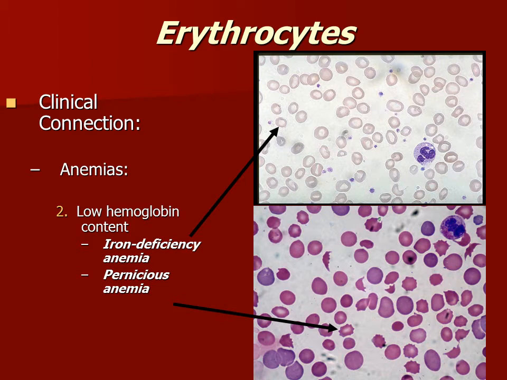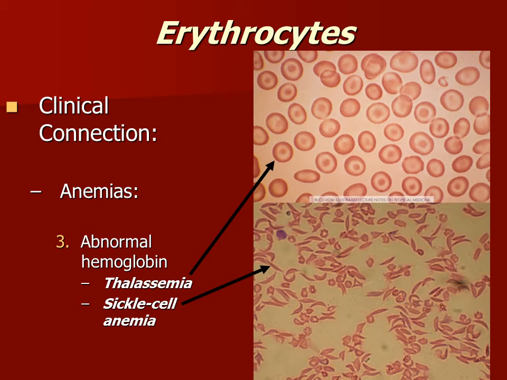If there's a low hemoglobin content, that can lead to iron deficiency anemia or pernicious anemia. And you can see on both of those how you can look at a slide and just tell the red blood cell is a little bit misshapen, it looks a little differently.